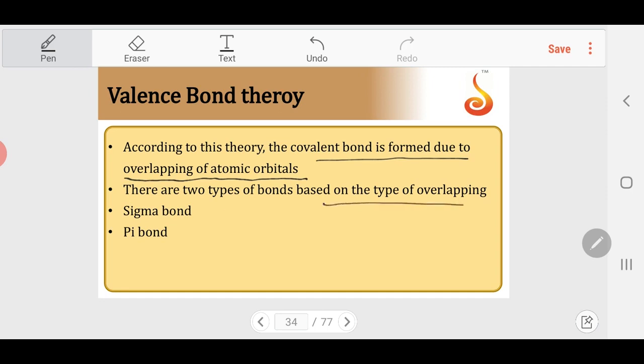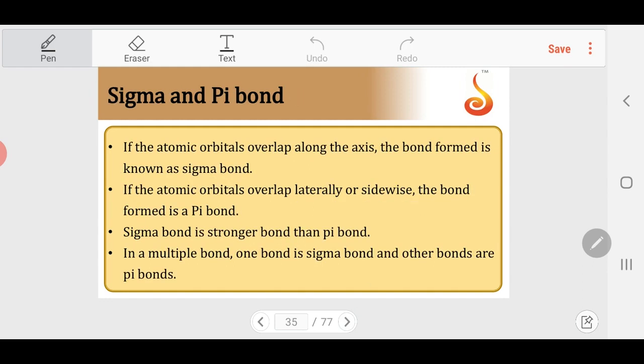Based on the type of overlapping, we have two types of bond. One is sigma bond, another one is pi bond. Sigma bond is formed when atomic orbitals overlap along the axis. So axial overlapping or direct overlapping will always form a sigma bond. If the atomic orbitals overlap laterally or sidewise, the bond formed will be a pi bond.